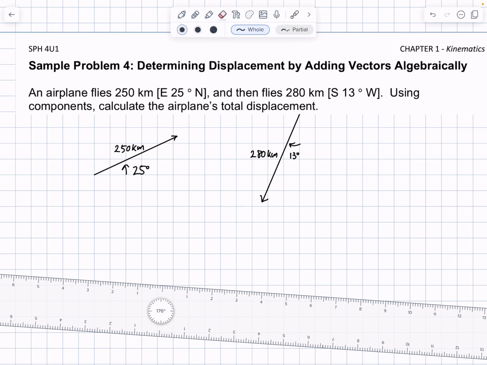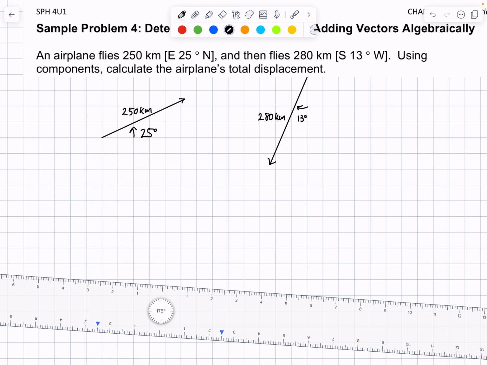In doing so, the very first thing we need to do is break each vector up into its x and y components. So I'm going to start off with my x components.